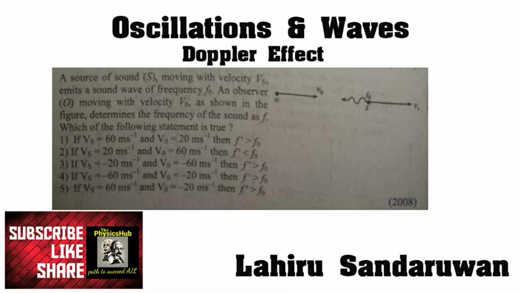The source of sound is moving with velocity Vs, emits a sound wave of frequency F0, and the observer O moving with velocity V0 as shown in the figure determines the frequency of sound as F. Which of the following statements are true?